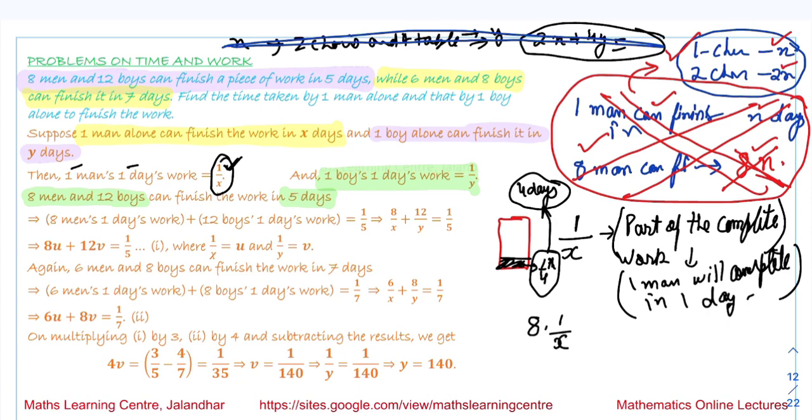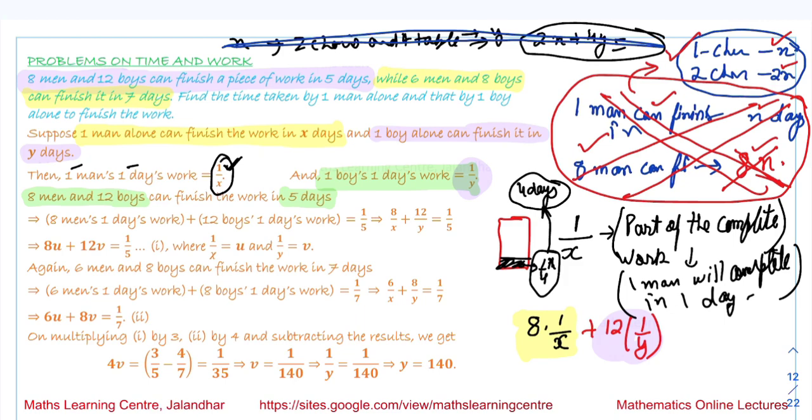And what is the part of the work done by 12 boys? It is 12 into 1 by y, since 1 by y is the amount of one boy's work in one day.